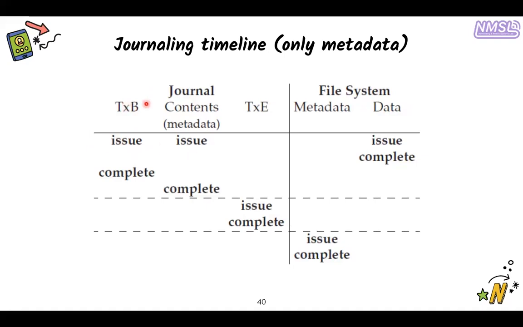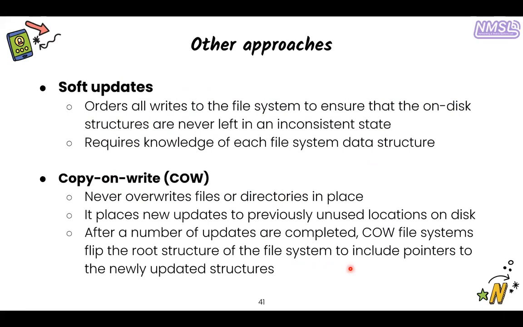You can issue TxB journal and data at the same time. Data must be complete first. Then you have a TxB and the metadata, and then TxE. When you're done, then you checkpoint and you're good. So that's the main crash recovery mechanism, the most important one, journaling.